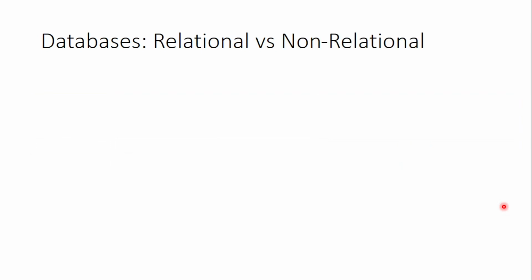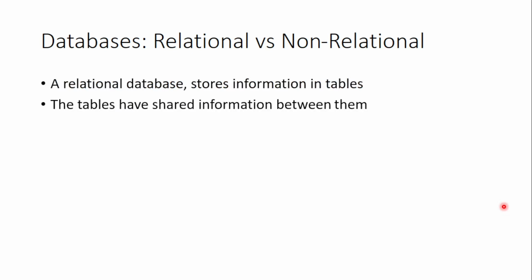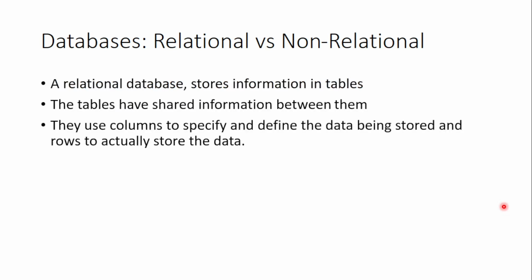Now that we've talked about tables and databases, let's see what's the difference between relational databases and non-relational databases. A relational database stores information in tables. The tables have shared information between them. They use columns to specify and define the data being stored and rows to actually store the data.